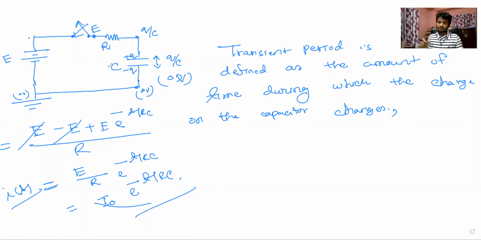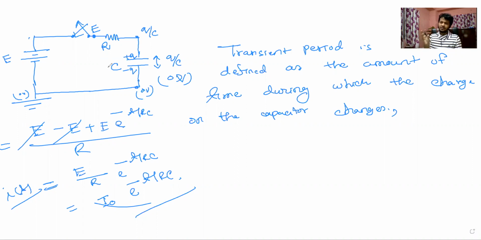Under steady state condition, because the potential of the capacitor and the power supply is the same, there will be no transfer of charge. That means the current will be 0 through the circuit, so the capacitor acts as an open circuit under steady state condition, isn't it?